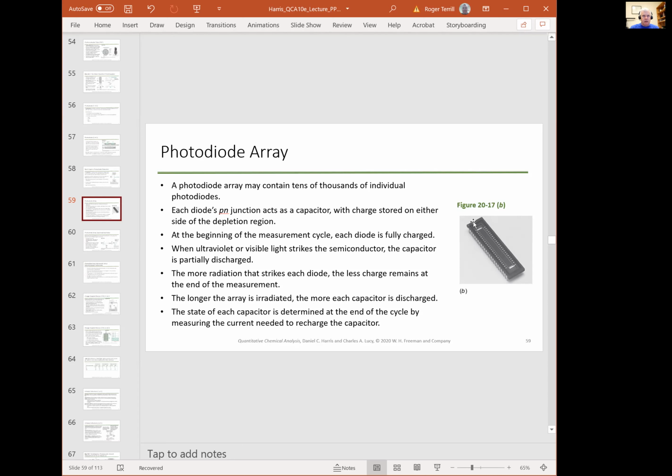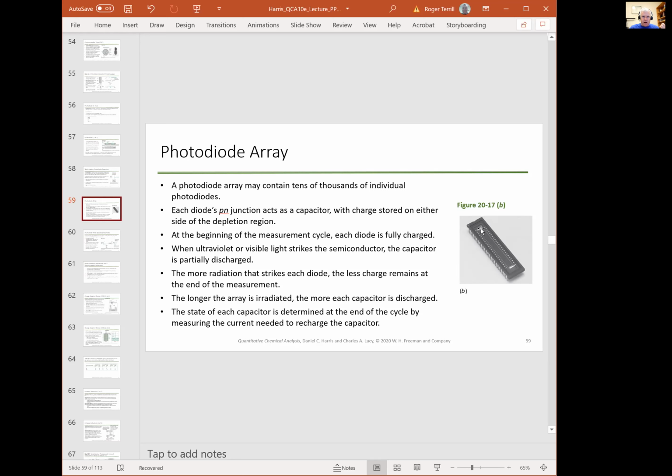Photodiodes can be made in arrays. This is probably a 20-year-old photodiode array. In an array of photodiodes like this, there could be 512 or 1024 or 2048 or 4096 diodes in a line, and they're all activated at once.